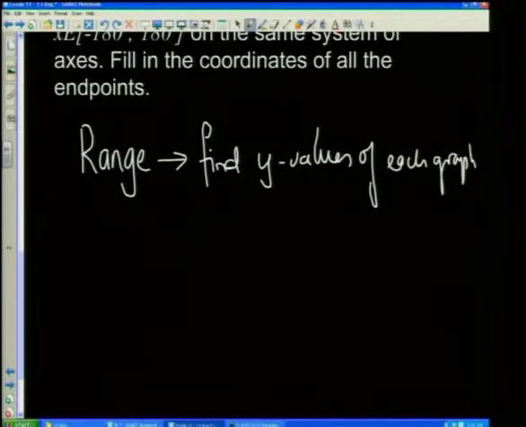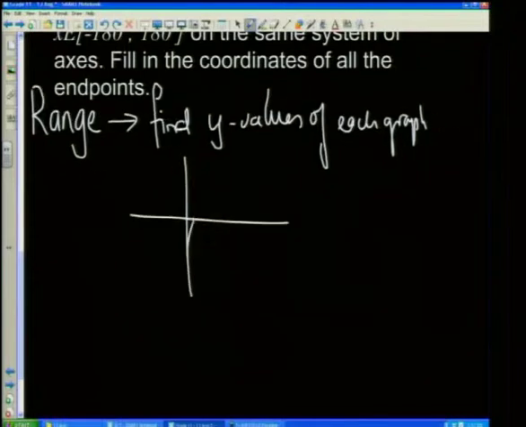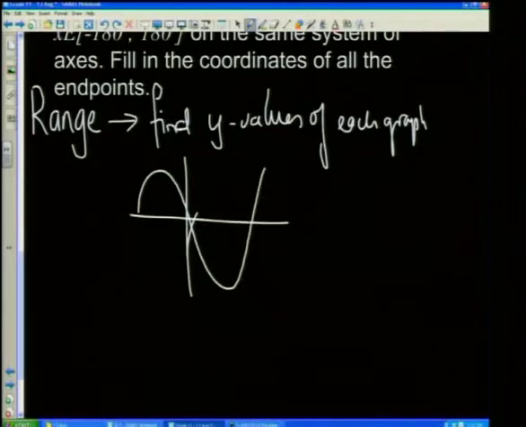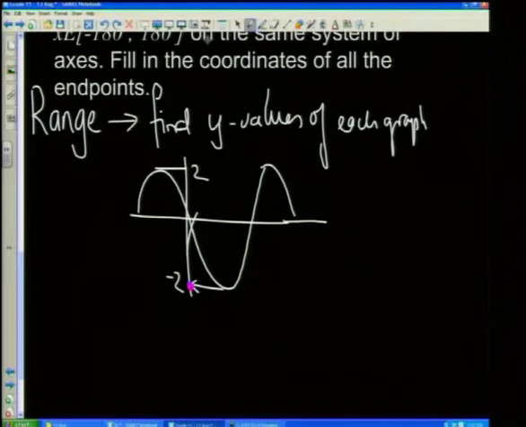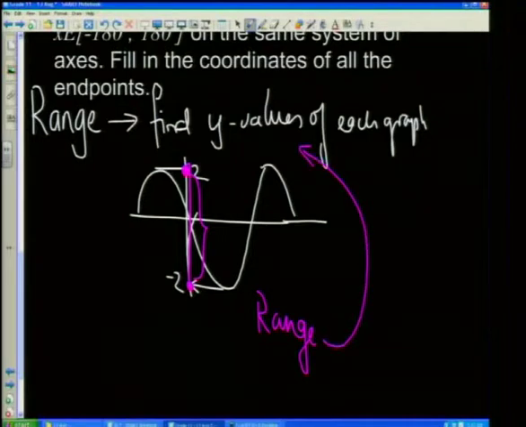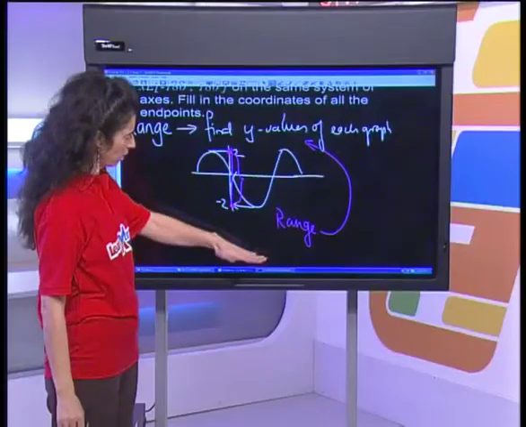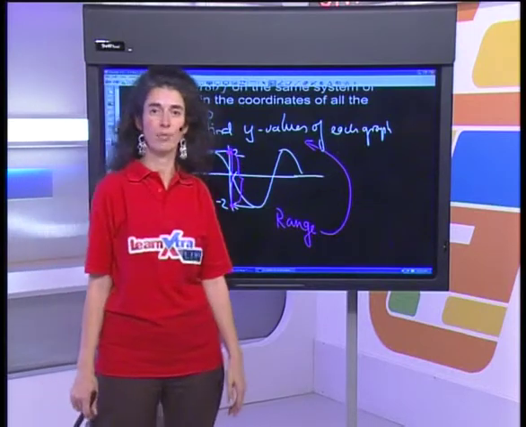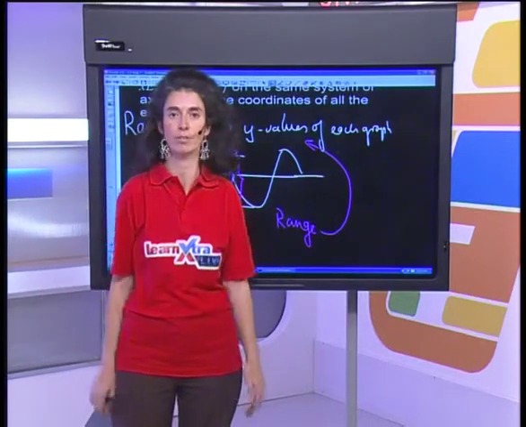If I drew this graph over here, for example, and I said that this value here was 2 and this value here was negative 2, then what is the range? The range are all the values from smallest to largest, because the graph doesn't go above those. Nothing below, nothing above. So that's how you would find the range. I would sketch it first and then just read it off the graph.